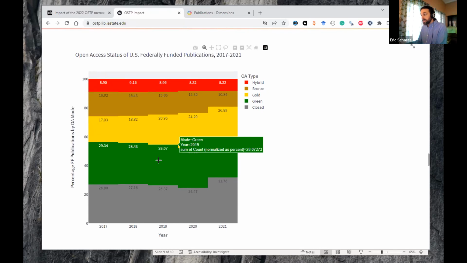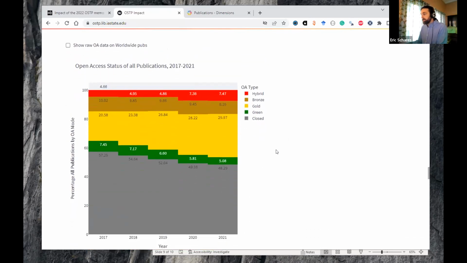Instead of 5%, these are around 30%. So there are already some major differences in the characteristics and the ways that federally funded research was being provided when compared to any sort of typical or random paper, and those differences will become more stark as time goes on.